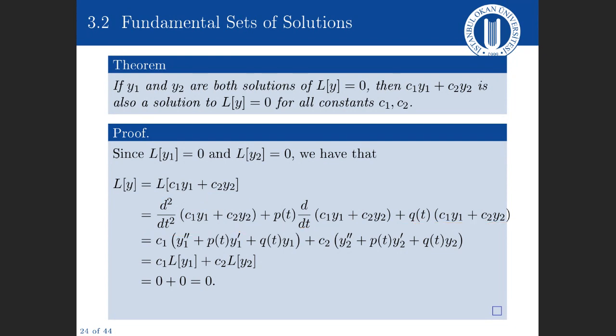Rearrange this, and because derivatives are also linear, we find that we have c1 L of y1 plus c2 L of y2. But because y1 and y2 both solve the equation, this is just 0 plus 0. So therefore, c1 y1 plus c2 y2 also solves this differential equation.